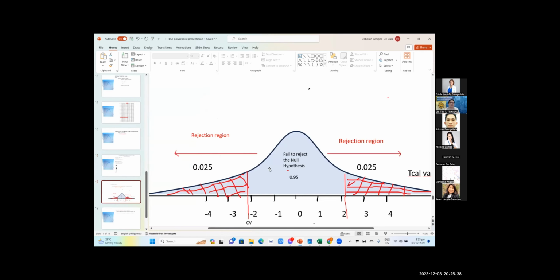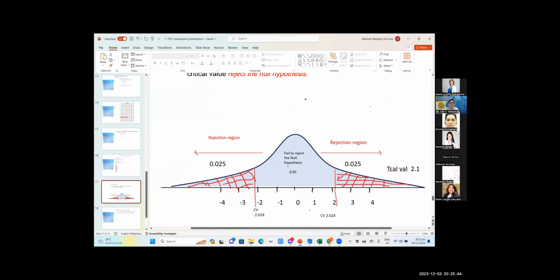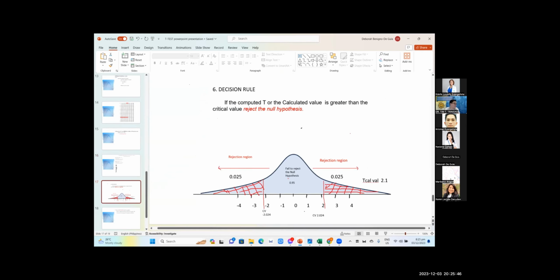So as mentioned earlier, in a diagrammatic representation of acceptance or rejection, or making the decision rule, the critical value appears somewhere on this area for both tails, because this is a two-tailed test, and the calculated value is 2.1.